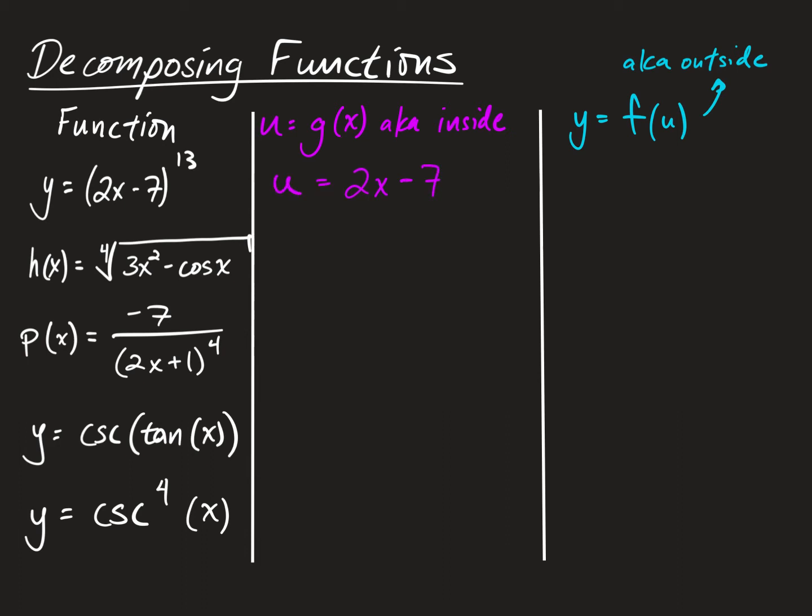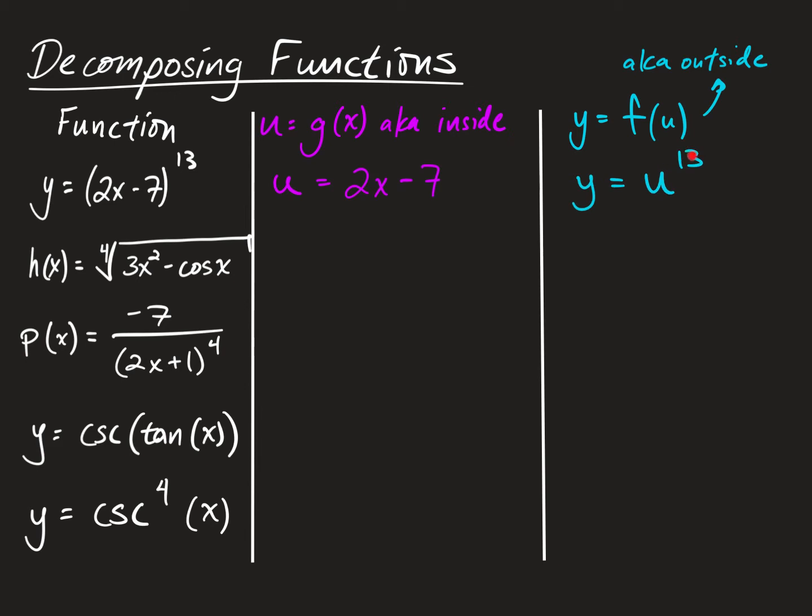That's what we will call our u, our function u in terms of x. From there, we just have to substitute. Instead of 2x minus 7, we're going to put u in its place. Because when we come over here and write our y function, our y has to be in terms of u.